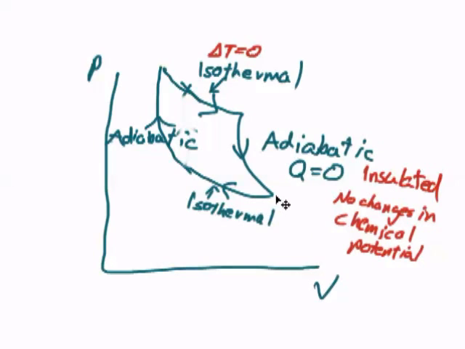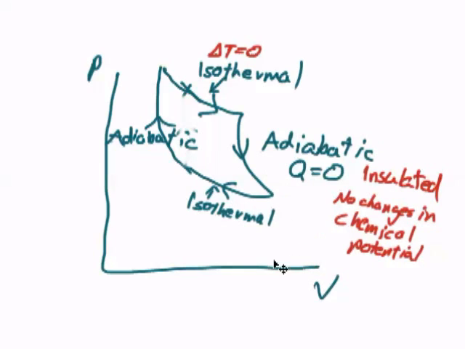Then the environment does work on the gas in the isothermal compression and the adiabatic compression, but it does it at lower pressure. So it does more work here and less work here.